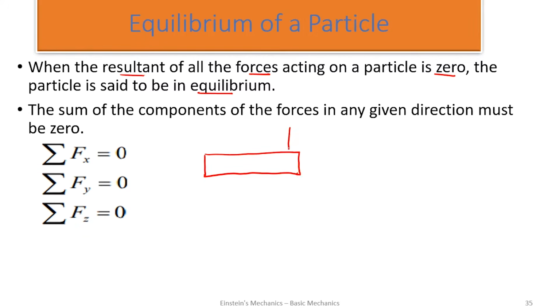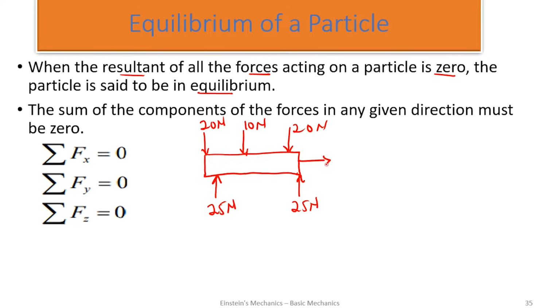So I have some forces acting: 20 newtons, another force of 10 newtons, and another force of 20 newtons. Here I will have a force of 25 newtons and another force of 25 newtons.